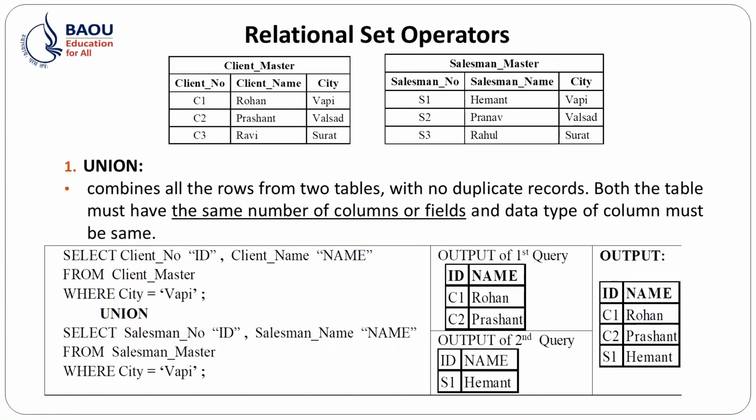The output of the first query is C1 and C2, and the output of the second query is S1, whose city is VAPI. So the union combines both results together, and the final output of the union is C1, C2 and S1.